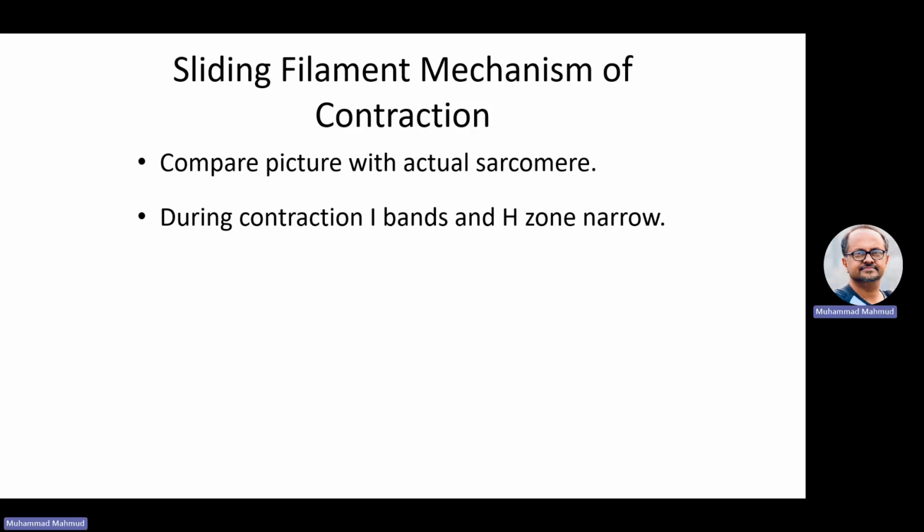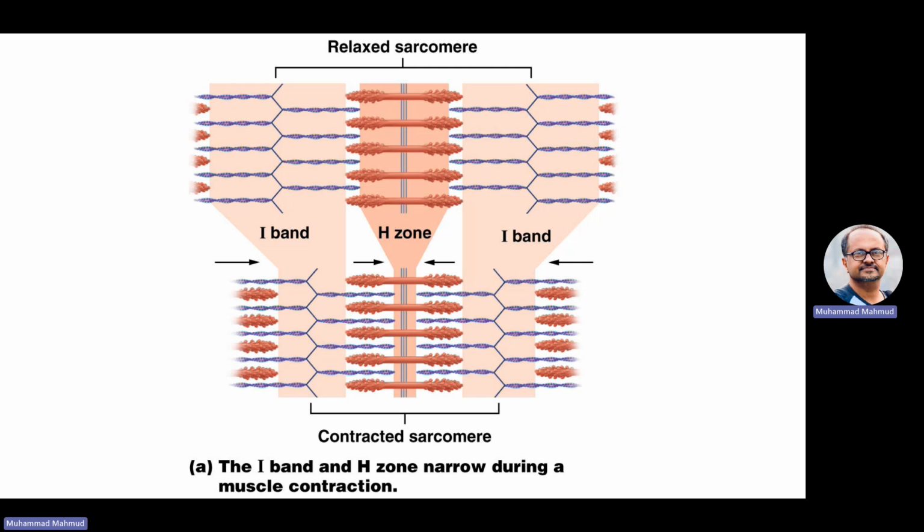During contraction, the I band and H zone will narrow. As you see here, in the upper part, when the muscle is relaxed, the sarcomere is very wide. But after contraction, they come close, so the I band will be smaller, the H zone will be smaller, and the Z-to-Z distance, the sarcomere, also becomes shorter.